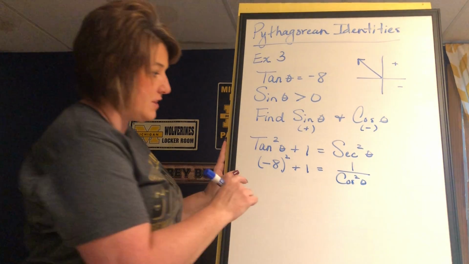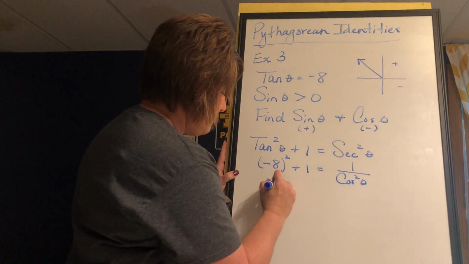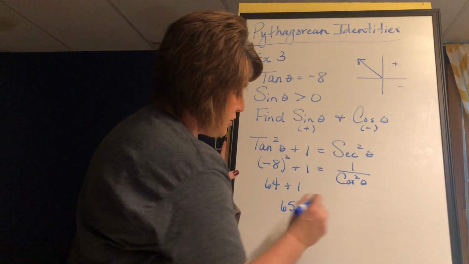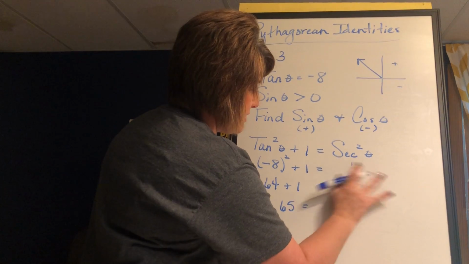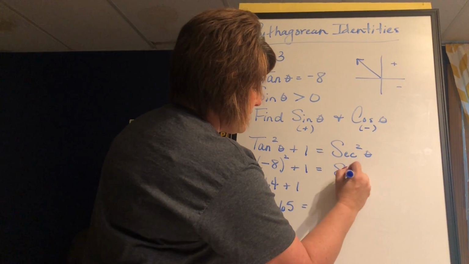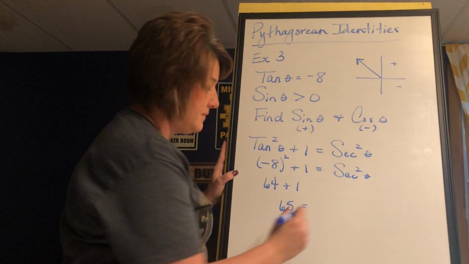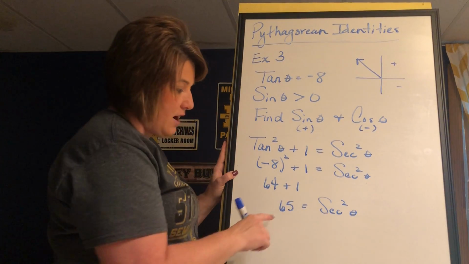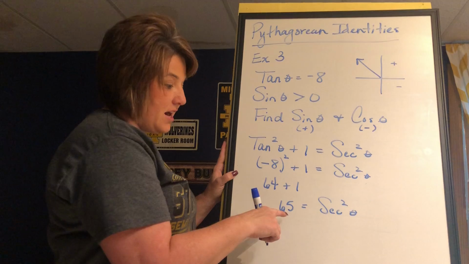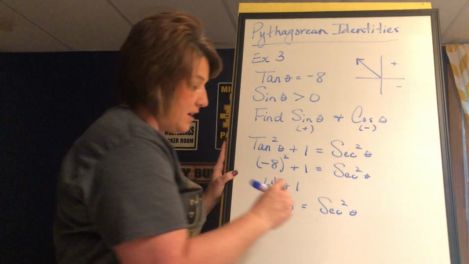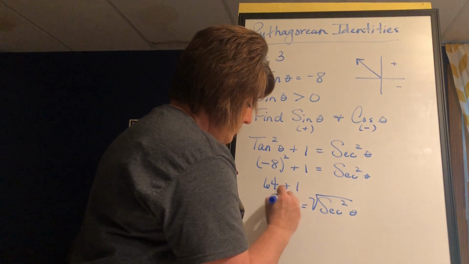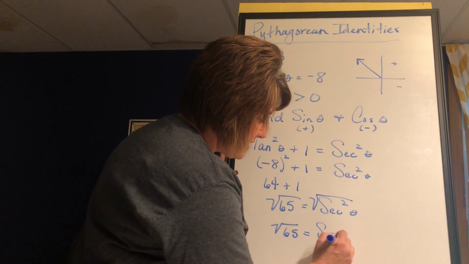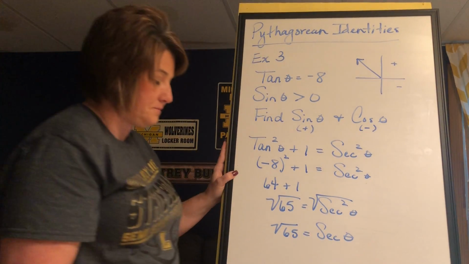So if I solve this, this is 64 plus 1, so this is 65, is equal to secant squared theta. Now I want secant instead of secant squared, so we're just going to take the square root of both sides. So the square root of 65 is equal to secant of theta.